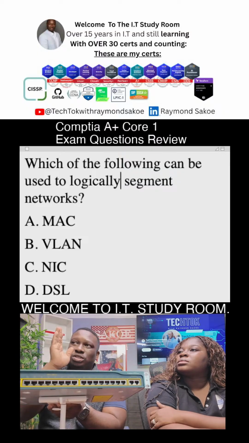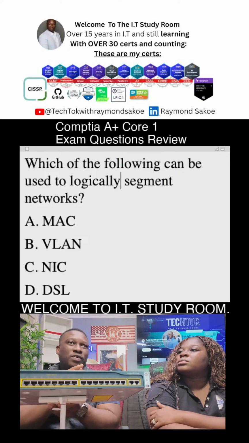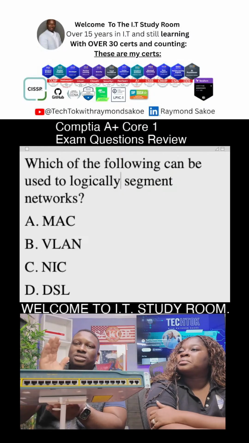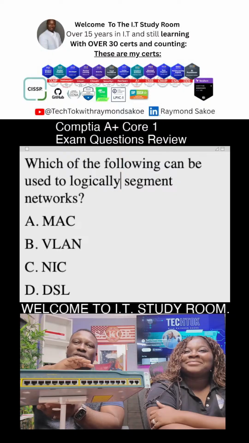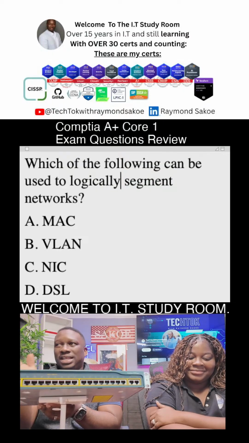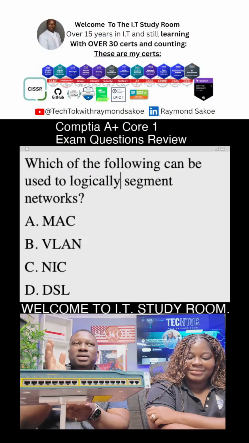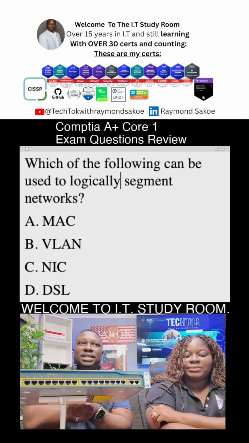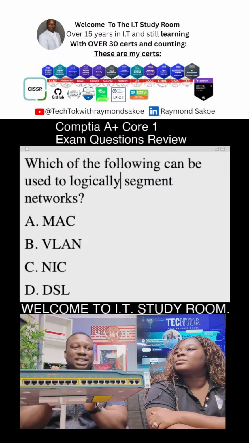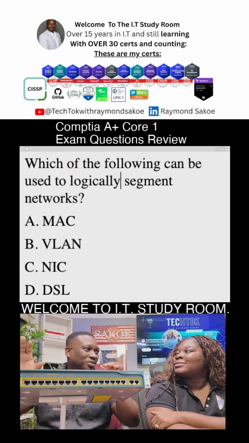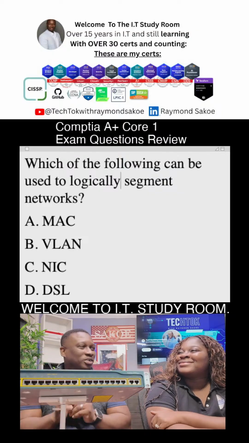So you can say port 1 to 5 will be for VLAN 1, which is actually the default VLAN. But let's say ports 1 to 5 are for VLAN 2, and ports 6 to 10 will be for VLAN 3. Now logically, they are two separate networks, although physically they're on the same switch.